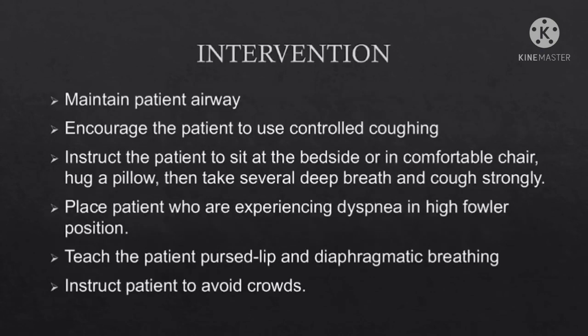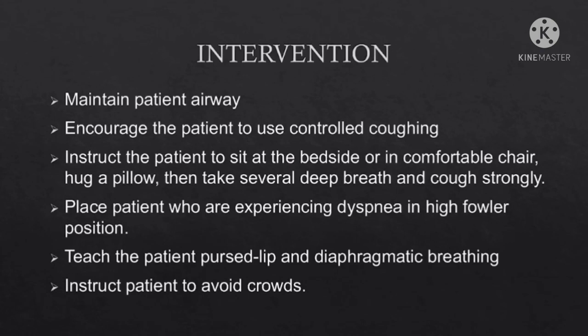Now for the nursing intervention, first is maintain a patent airway. So use a humidifier to help the patient mobilize secretion. Then next is encourage the patient to use controlled coughing to clear the secretion that might have collected in the lungs during the sleep, and instruct the patient to sit at the bedside or in a comfortable chair and hug a pillow.